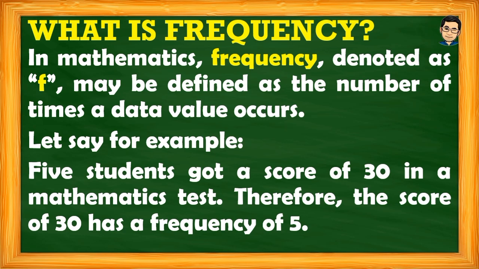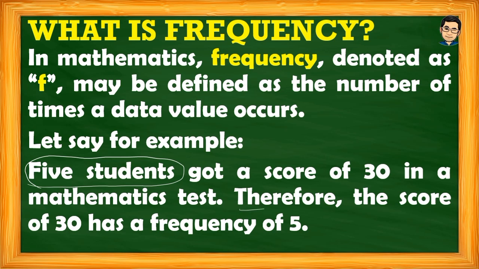I-analyze natin yung ating example. Based dito sa ating example, there are 5 students who got a score of 30. May 5 estudyante po na nakakuha ng score na 30 sa isang mathematics test. Kung i-determine natin kung anong frequency, yun po yung kung ilang beses o kung ilang estudyante ang nakakuha ng 30 na score.